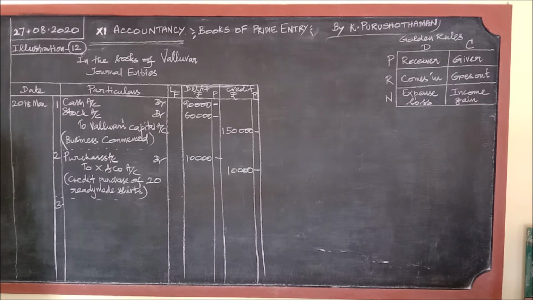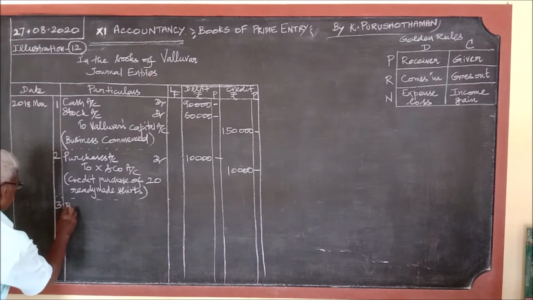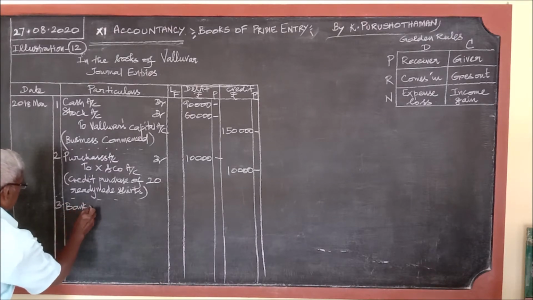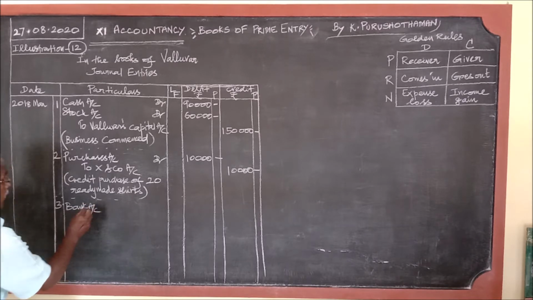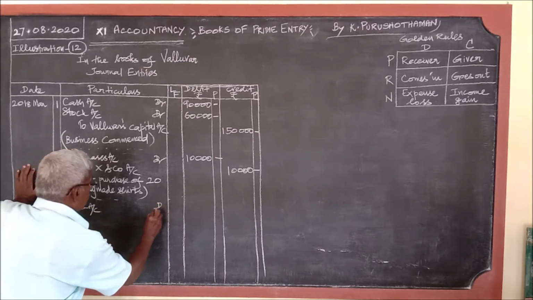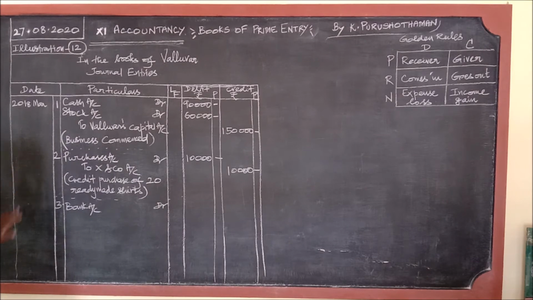When cash is deposited, who is the receiver? Bank is the receiver. So, bank account debit, and the amount is deposited in the cash deposit machine.